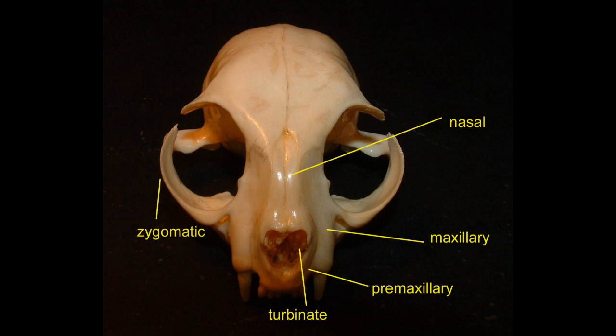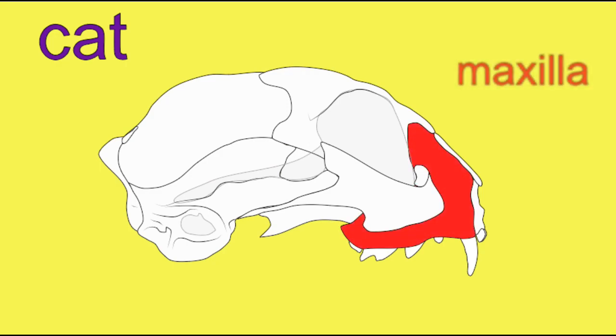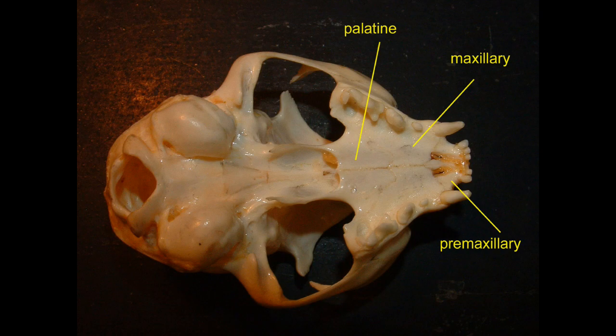In cats, the maxillary bone holds the canines, premolars, and molars, and from the inferior view, it is evident that it, along with the palatine bones, fuses along the midline to form the hard palate, the hard upper roof of the mouth, which separates the oral cavity and nasal cavity.